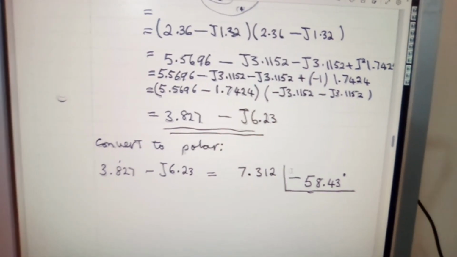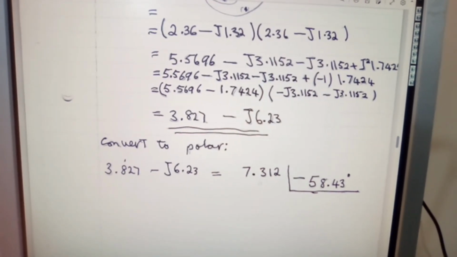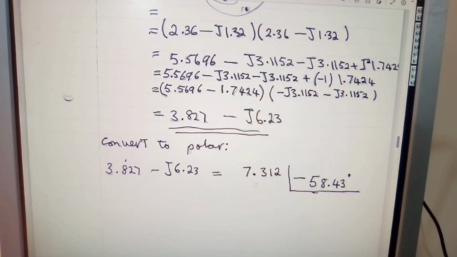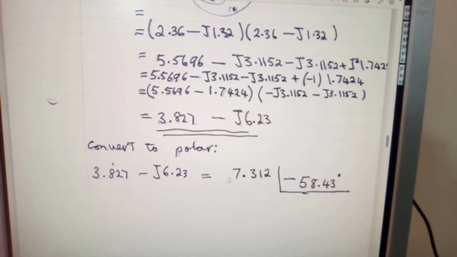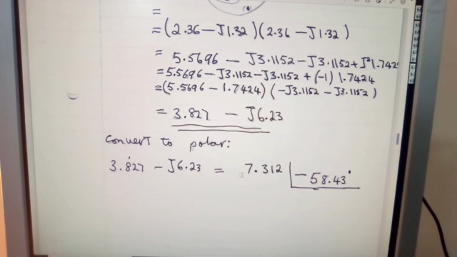And when you convert it to polar form, it becomes 7.312. Now you need to know how to convert to polar form. That's something you'll need to learn and know yourself. Do your own groundwork so that your method of converting to polar form is your method of finding that solution.